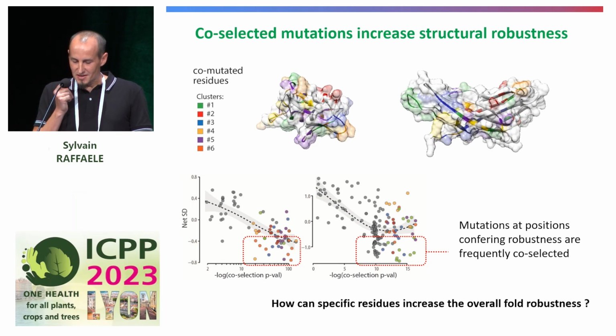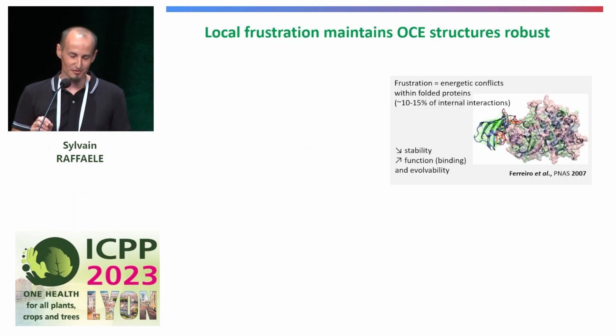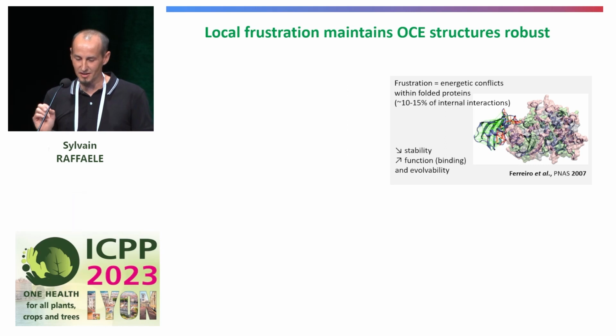The question then was how these interesting mutations can contribute to the overall robustness of the fold. And so the answer here is frustration. Well, this is not my feeling when scratching my head around the question, but this is a natural property of amino acids in protein, which describes the energetic conflicts within folded proteins.